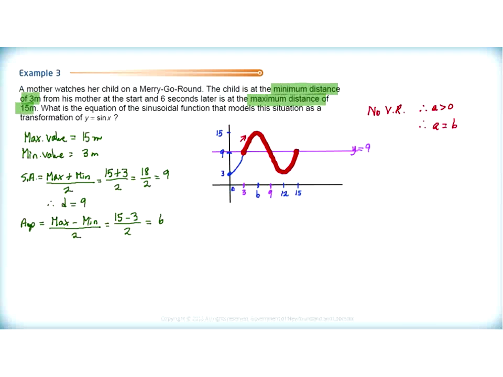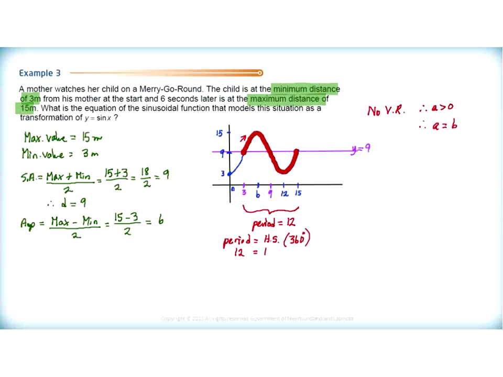The other thing we need to look at is the period of the function. We are told that one full cycle will occur between 3 and 15 seconds. So that distance between 3 and 15 gives us the period of the function, which is equal to 12. That period will enable us to determine the horizontal stretch factor. The period is equal to the horizontal stretch. We can use degrees or radians here, so why don't we use degrees this time? It will be the horizontal stretch multiplied by 360.